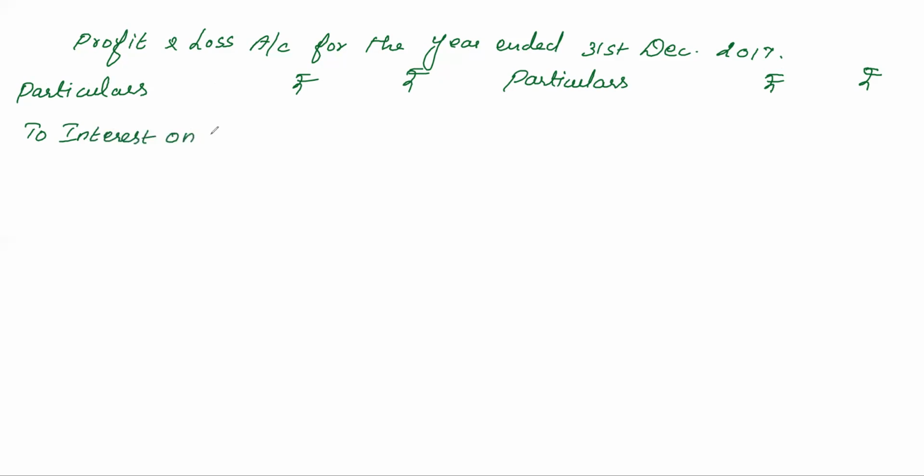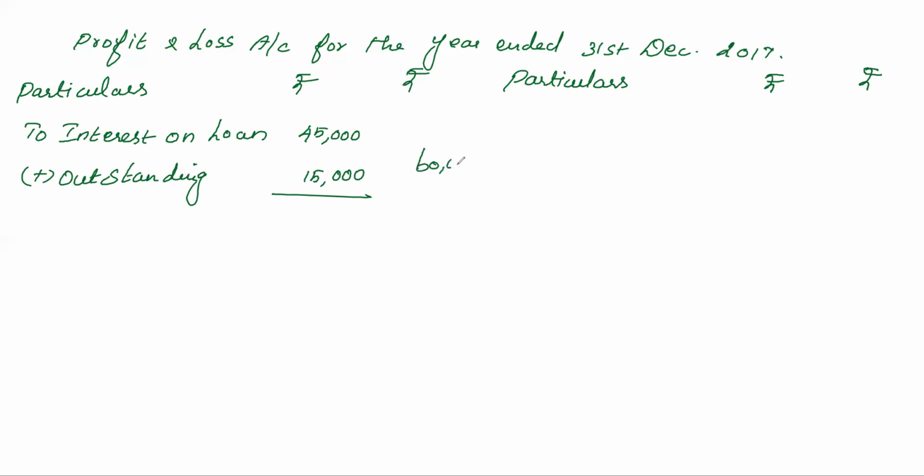Interest on loan. So how much? 45,000 plus outstanding 15,000. ரெண்டையும் ஆட் பண்ணும்போது நமக்கு 60,000 rupees கிடைக்கும். ஓகேங்களா? 60,000 rupees. That's all.